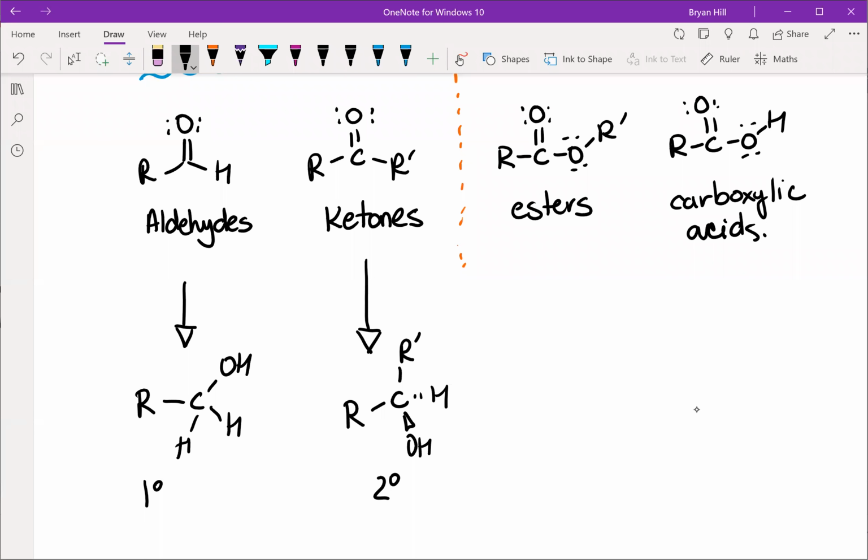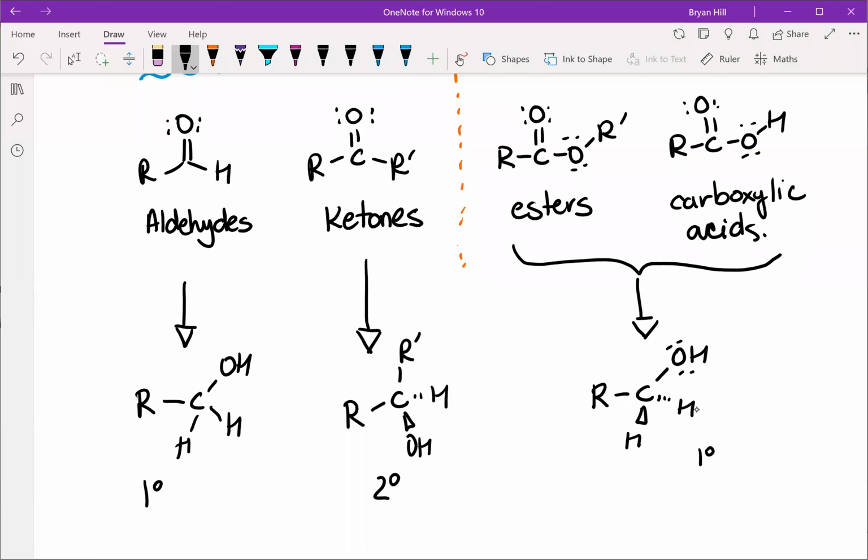And on the other side, both of these, when it comes to being reduced to alcohols, are going to be reduced to primary alcohols. So these are all the reduction reactions. Aldehydes, primary; ketones will be secondary; and then esters and carboxylic acids, when they are reduced, will be reduced to primary alcohols.